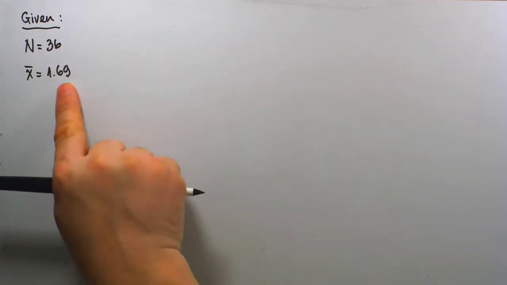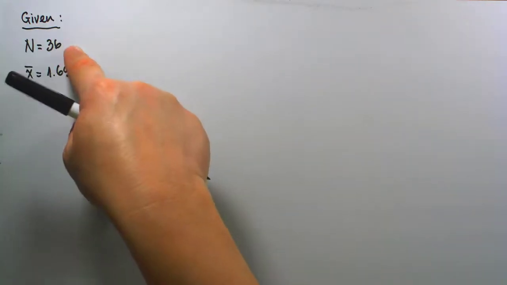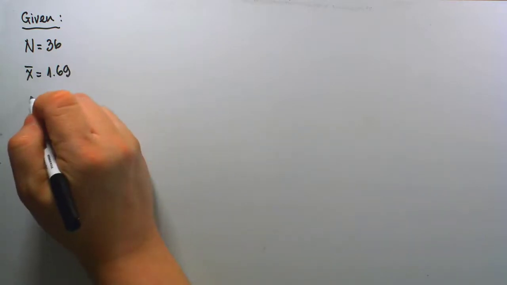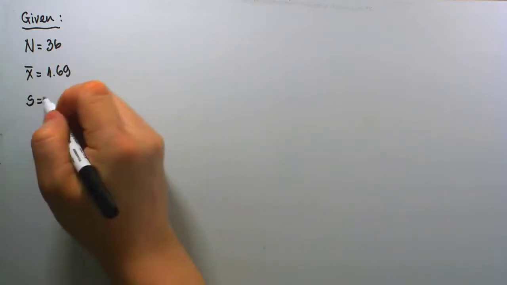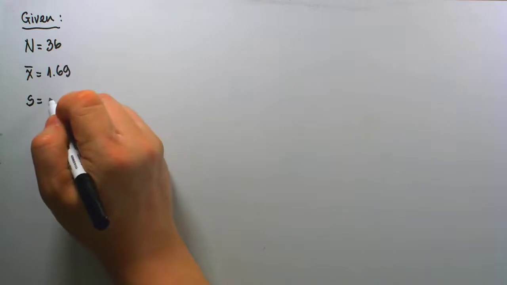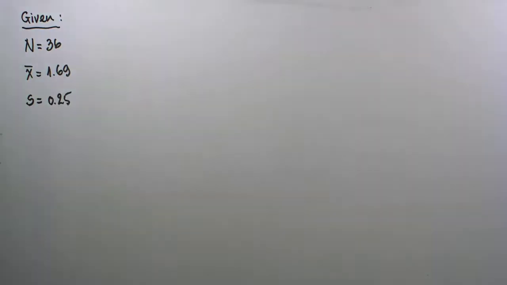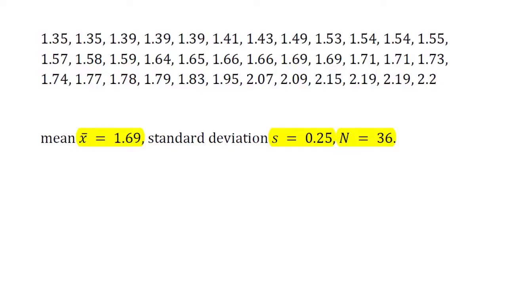This is only the mean that came out from this sample. Other samples at the same sample size can give different sample mean values. And our sample standard deviation, the standard deviation of this current sample, is 0.25.